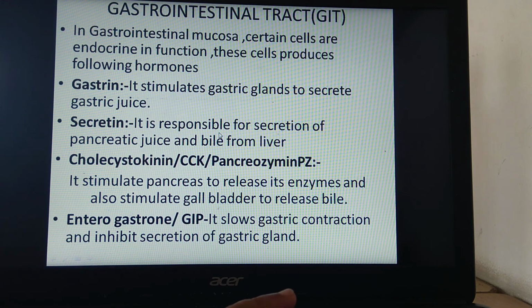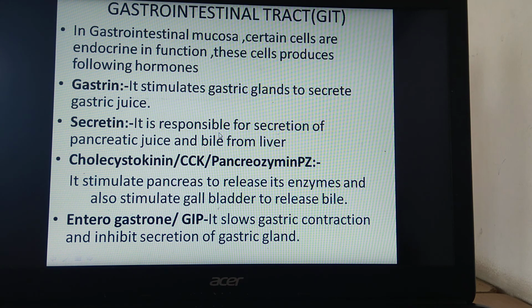Now the second one, the gastrointestinal tract. What does it mean? Gastro for stomach, intestinal for intestine. Short form is GIT. How does it work as an endocrine gland? In the gastrointestinal mucosa, last year we studied the transverse section of the gastrointestinal tract, which consists of 4 layers.